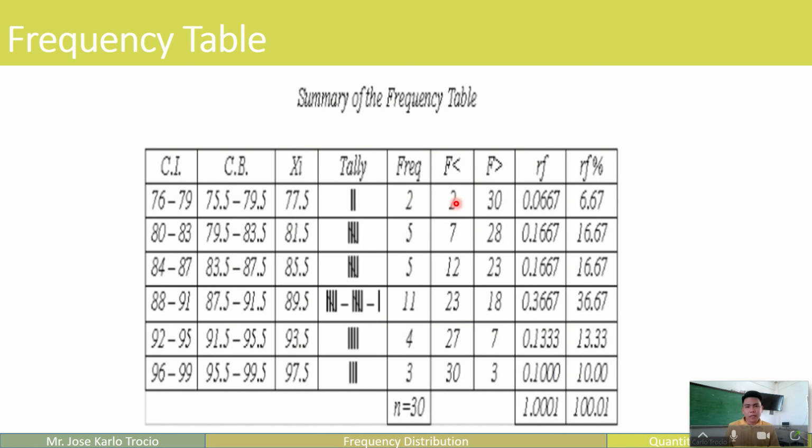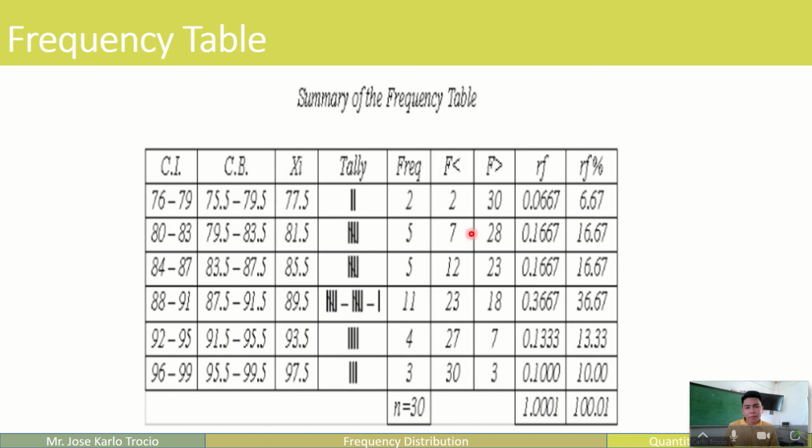cumulative frequency. Okay, you can start from the lowest. This is less than: frequency, cumulative frequency less than, or ascending order. The purpose of cumulative frequency is to check if you really have the correct number of frequencies. You must start here with the first frequency, which is 2. You're going to add 2 and 5, so 2 plus 5 is 7.